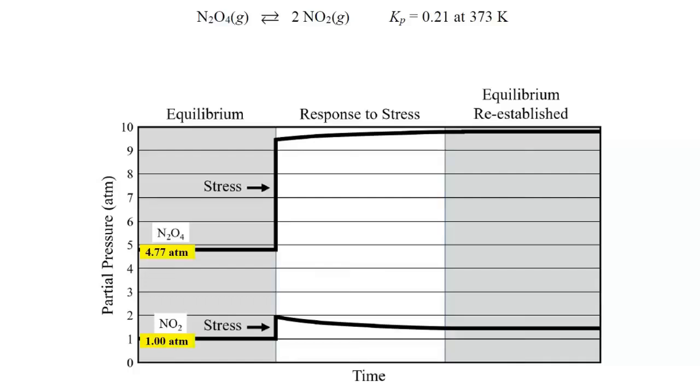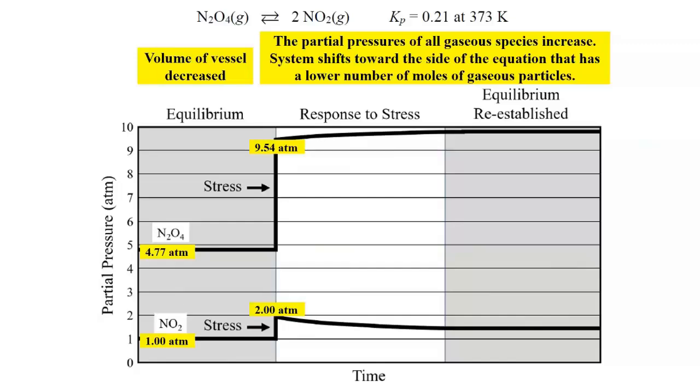So before the stress occurred, we have these values for the pressure of N2O4 and NO2. Now, the moment that the stress occurred, each of those pressures was doubled. So the volume of the vessel decreased by half, so the new pressures have been doubled. Then the system is going to shift to whichever side of the equation has a lower number of moles of gaseous particles.